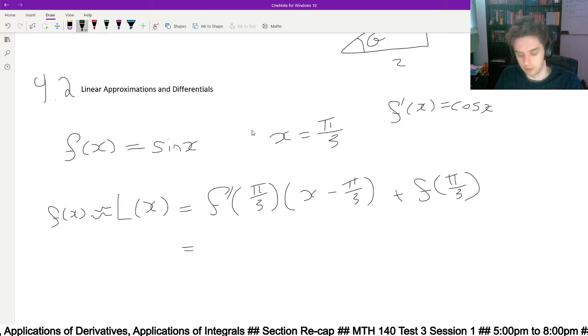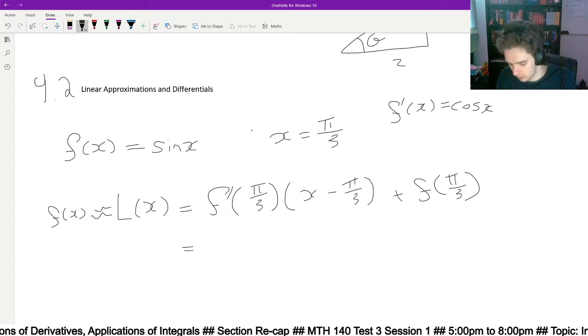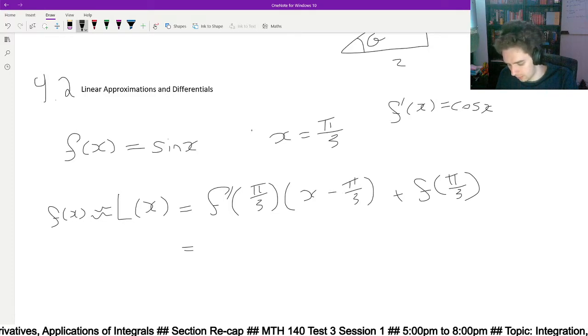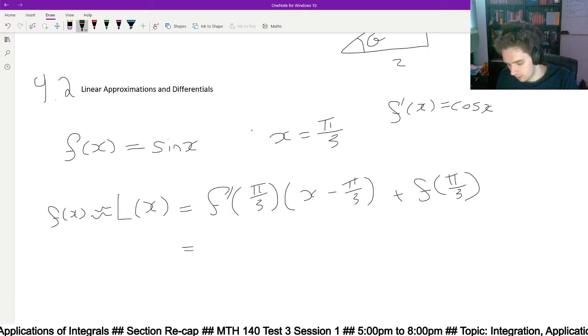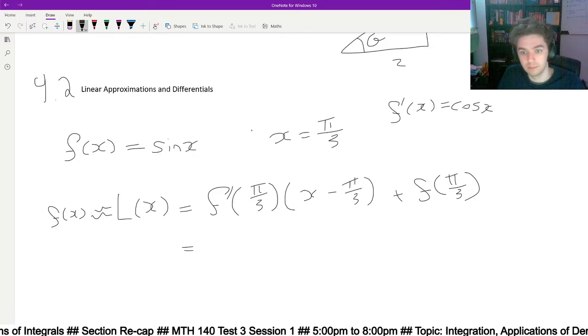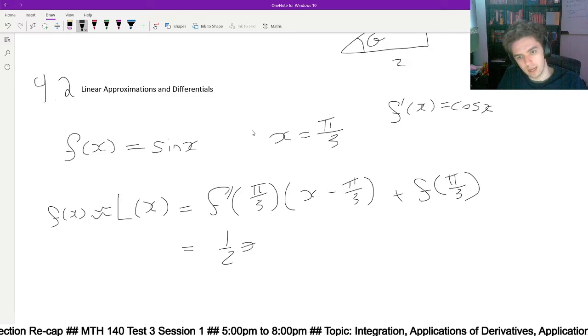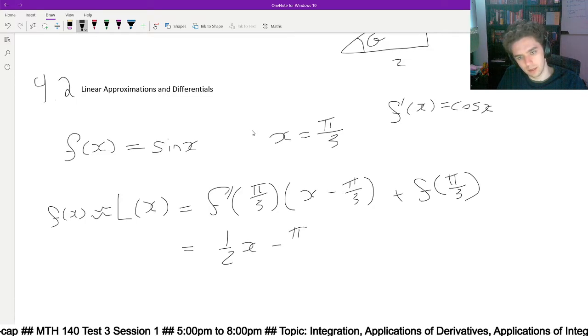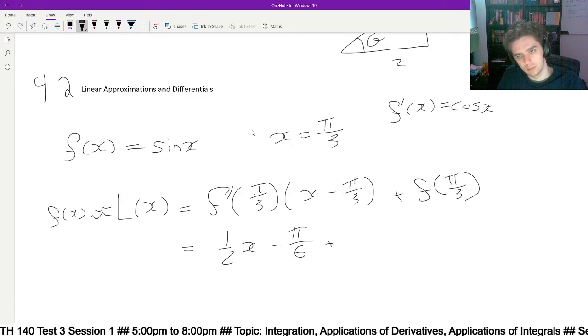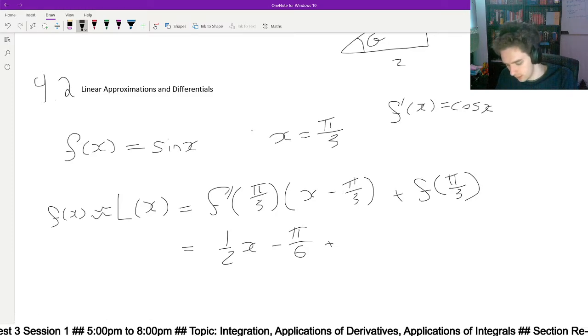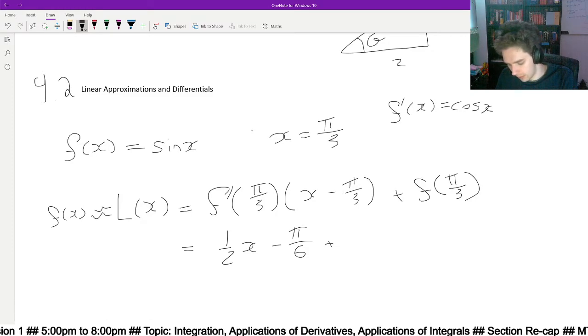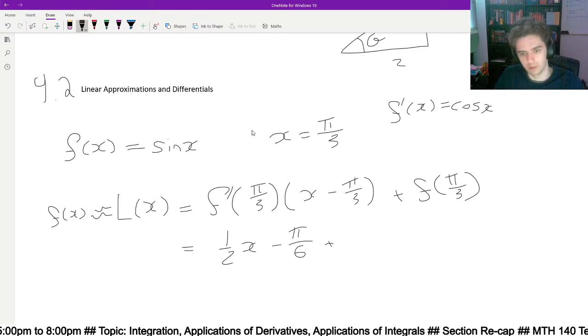So f prime of pi over 3 is cos of pi by 3, which is a half. So this is going to be 1/2 times x minus pi over 6 plus sine of pi by 3, which is root 3 over 2.